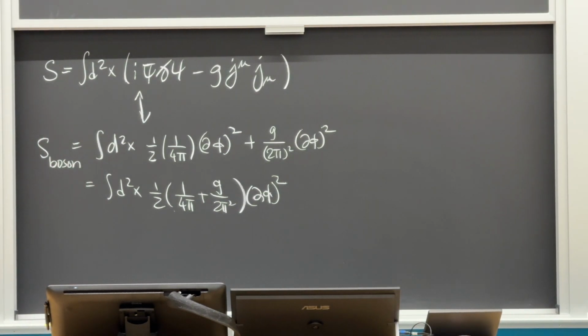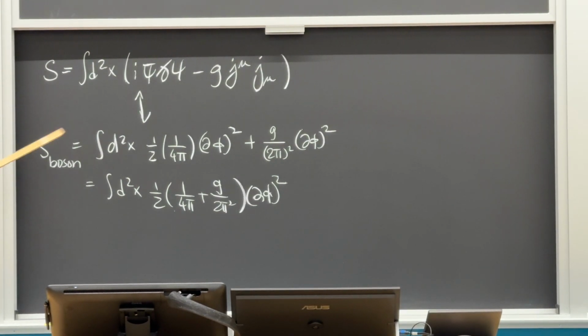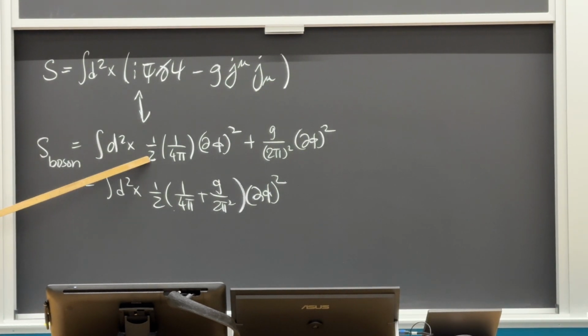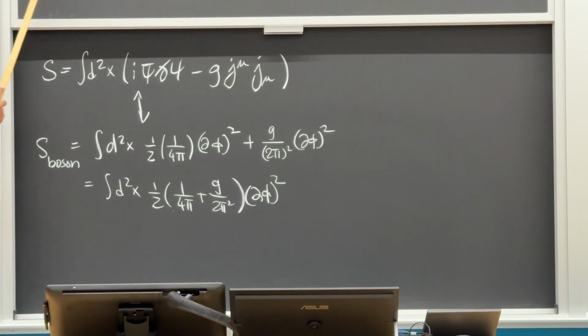Any questions at this point? Can you go through the boson step one more time? Yeah. So this bit from last week, we showed that it is a compact boson theory, with beta square equal to 1/4 pi, right? So that's this bit. And the current, well, we showed the current is that.